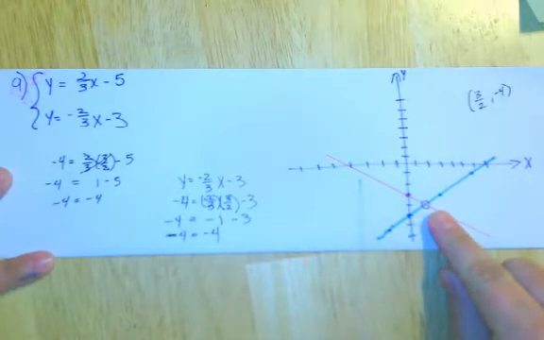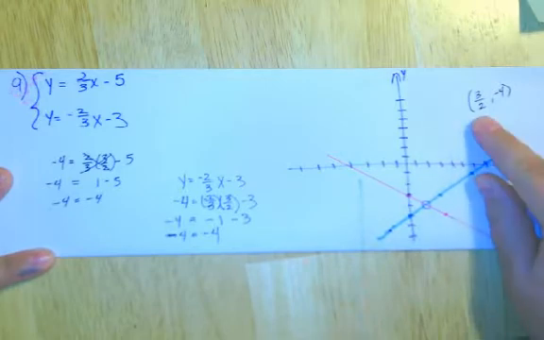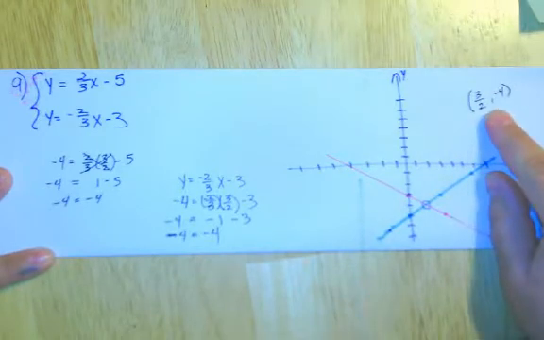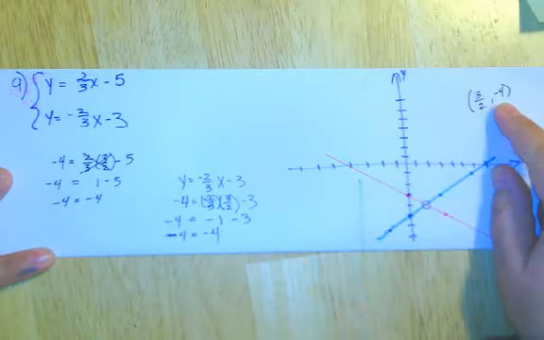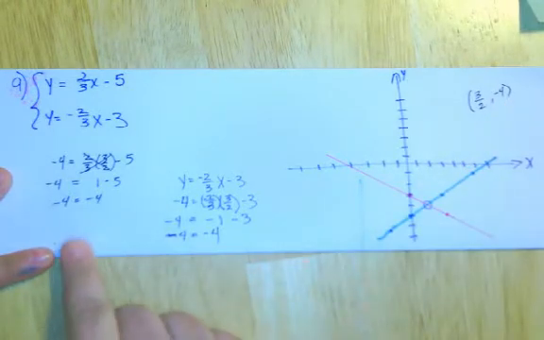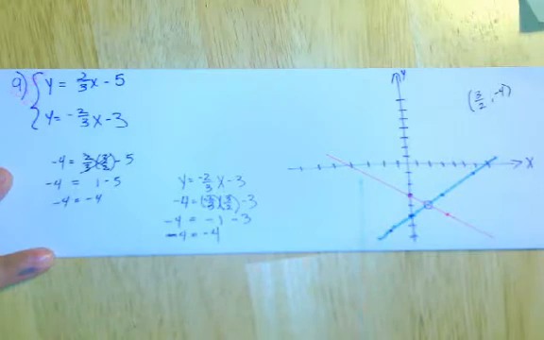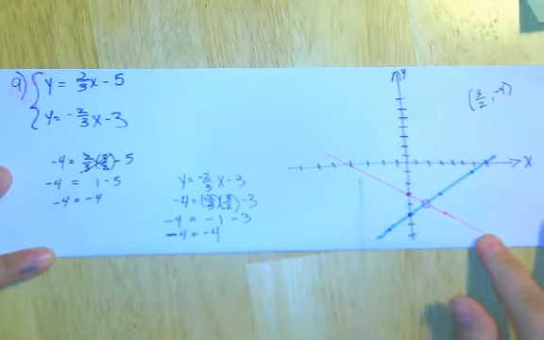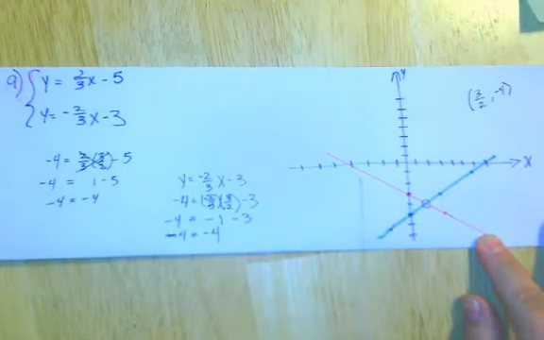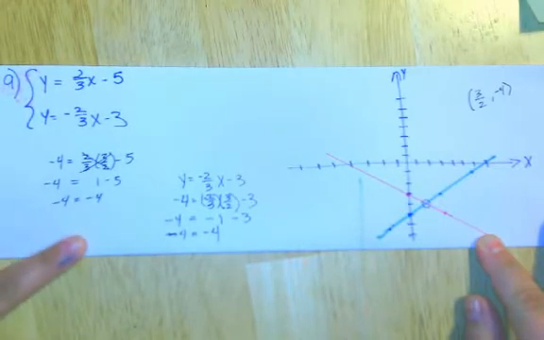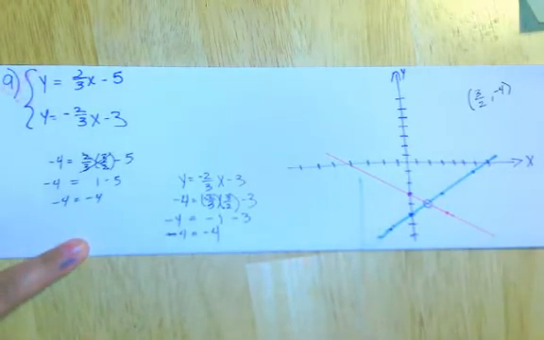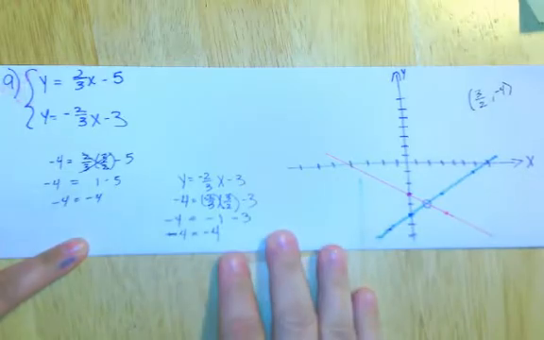You'll find out that if you keep it in fractional form, your point is 3 over 2 and negative 4. Once you plug in, you'll realize that they cancel out, and this is where you really need to pay attention to your negative signs. And if you want to change it to a decimal, that's fine, but just make sure that you're doing your math correctly.